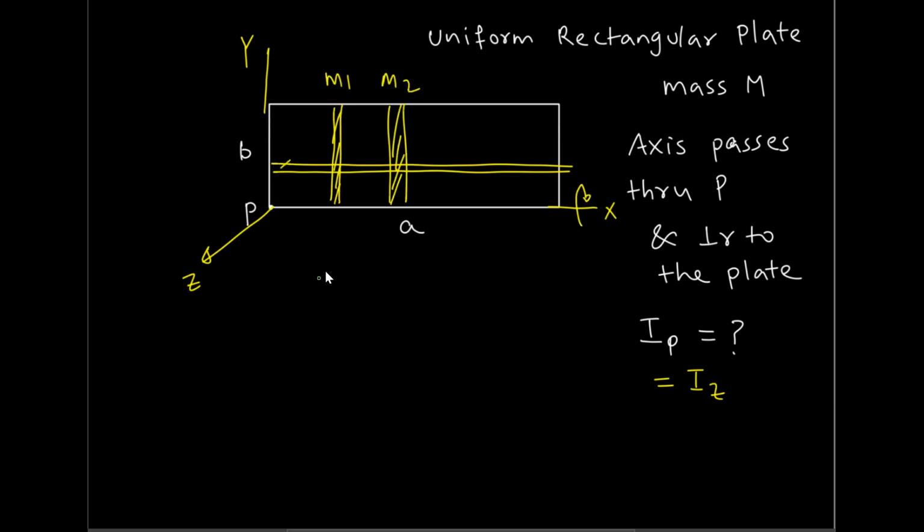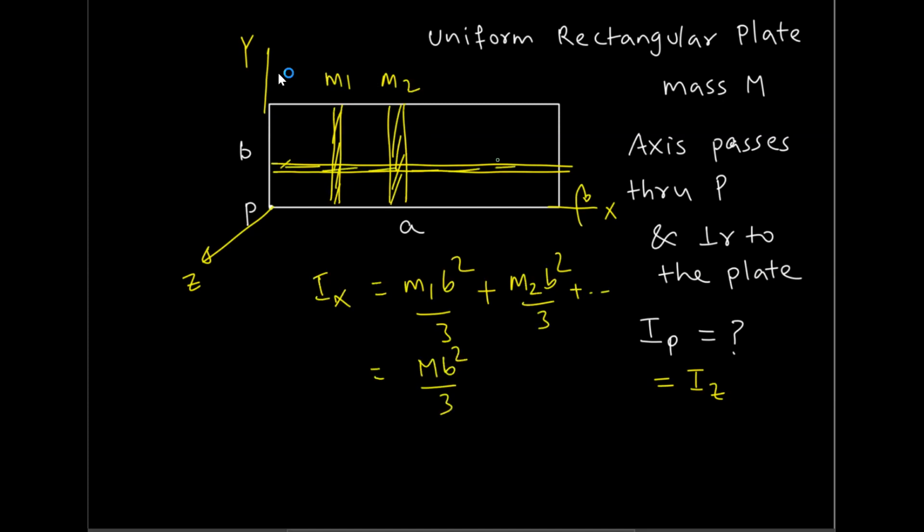About the X-axis, I'll get M1 B square by 3 plus M2 B square by 3, and then you add all of them. So what do we get here? Capital M B square by 3. Now, if I want about the Y axis, then I divide this into horizontal strips. You understand? So then Iy will be, can I say M A square by 3?